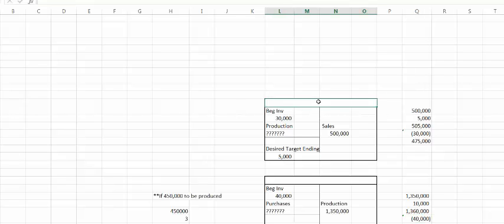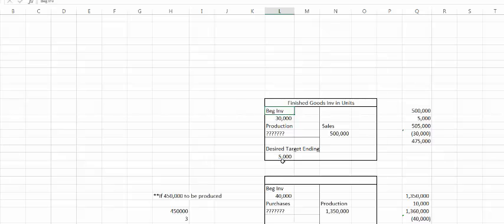Basically what we're doing up here in this one is we're trying to calculate the number of units that we need to produce. Okay, so this is our finished goods inventory in units in a T account. Here's the beginning inventory for the year.